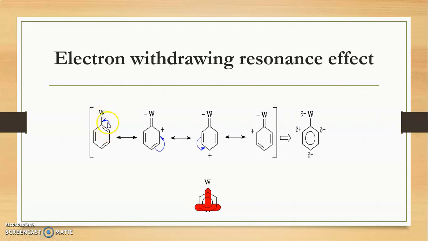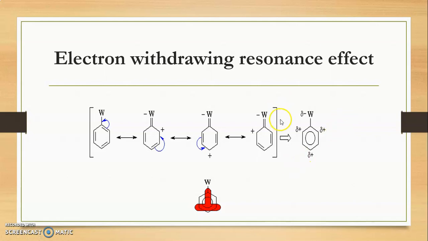That's why this particular arrow is shown, where these electrons are transferred towards this group. And here you can see likewise a positive charge is placed at the ortho and para position. If you remember, in the earlier case the negative charge was placed at the ortho and para position, and here a positive charge is placed at the ortho and para position. Means charge is always placed at the ortho and para position. One time it is negative, the other time it is positive.